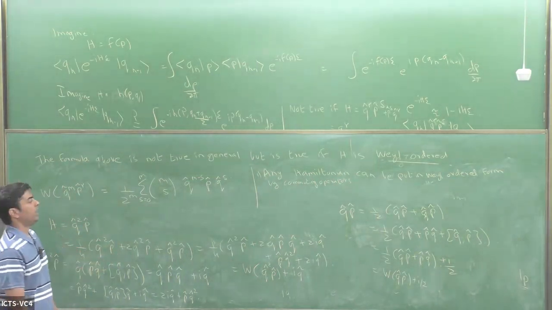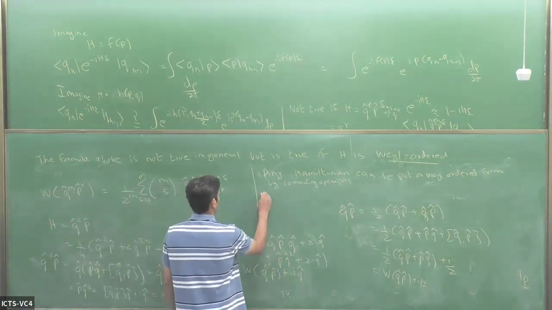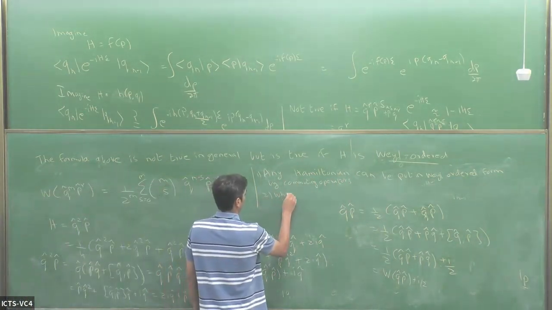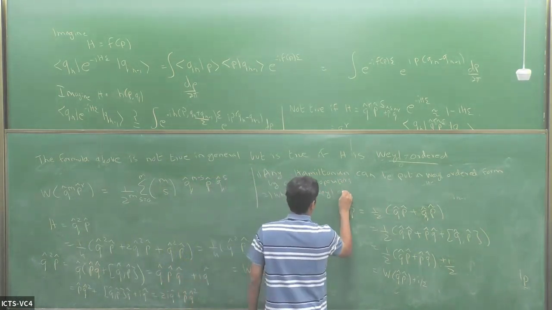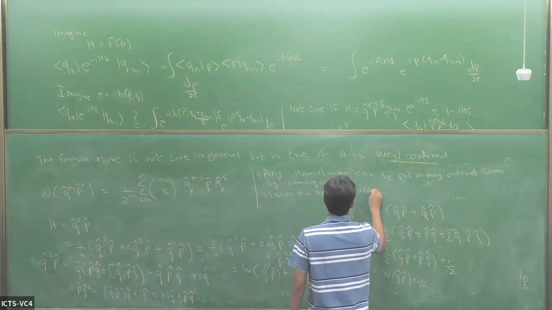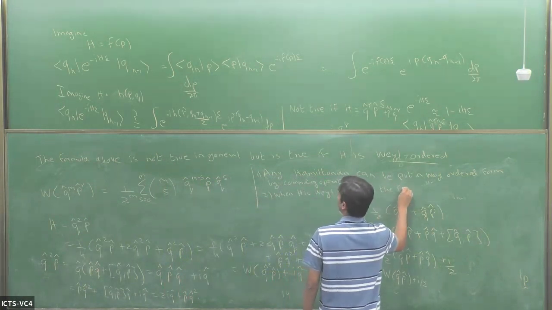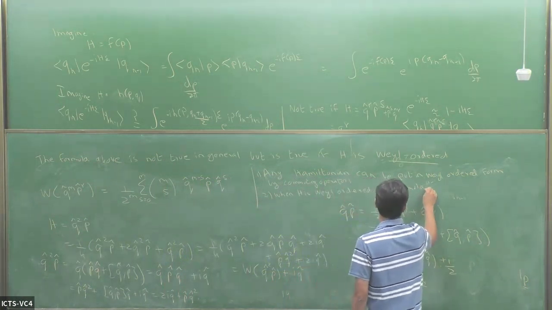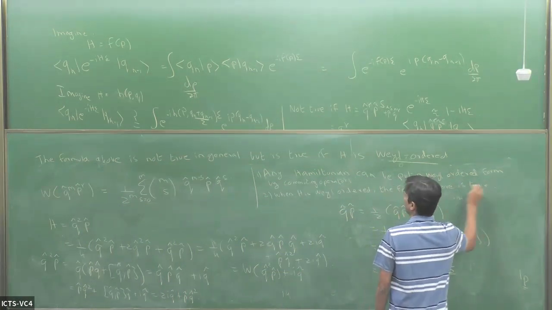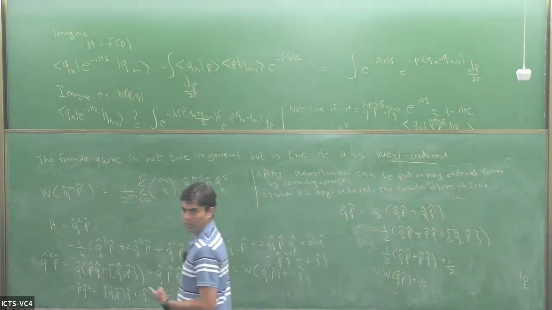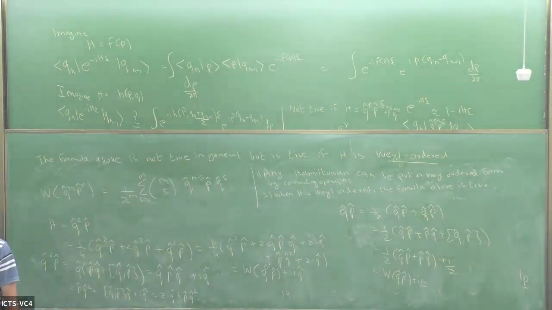The second point is that when H is Weyl ordered, the formula above becomes true, which is the point we wrote above. You see why when H is Weyl ordered, the formula above becomes true? Because in the case when H is Weyl ordered, you just get the binomial expansion.